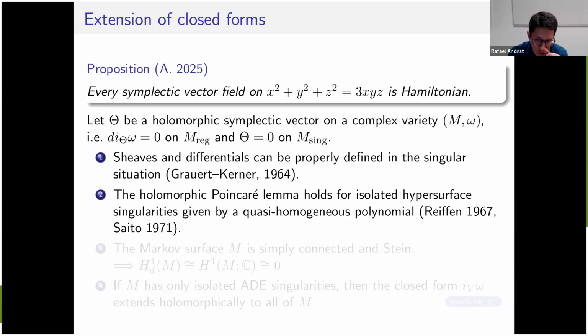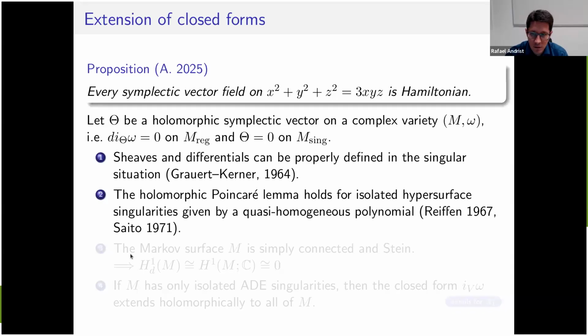Okay, so Reiffen gave very explicit counterexamples where you can see that this holomorphic Poincaré lemma fails. But he also gave positive statements where you can verify that if you have singularities of a certain type, then the Poincaré lemma might hold.